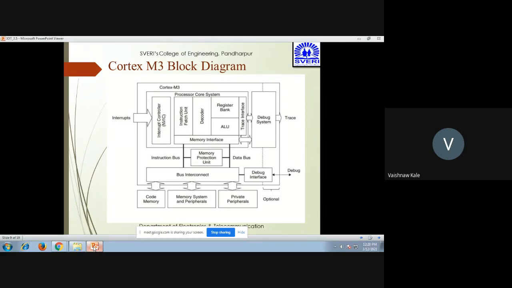Then there is the data bus. These are 2 important buses. Then the bus interconnect is there. Then you have the debug interface, code memory, memory system and peripherals, private peripherals, and some optional peripherals. So this is the block diagram of the Cortex M3.